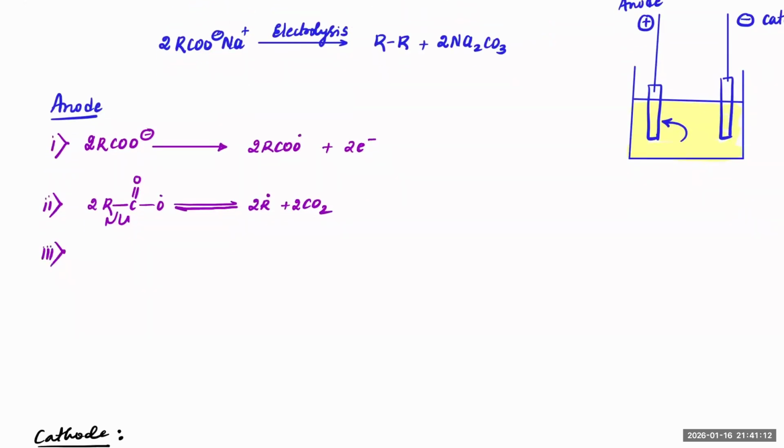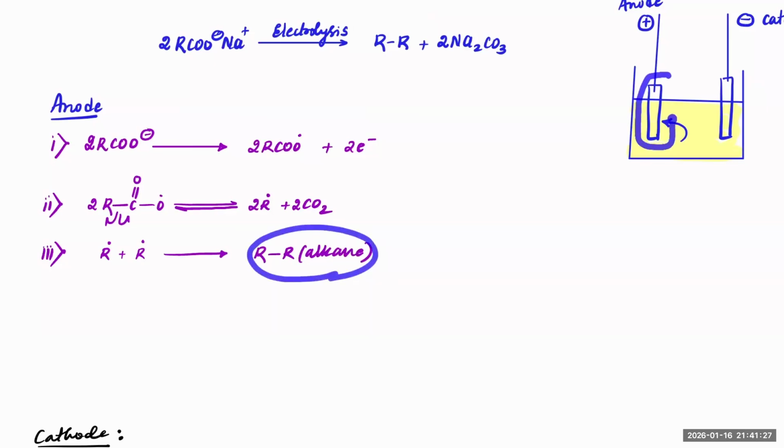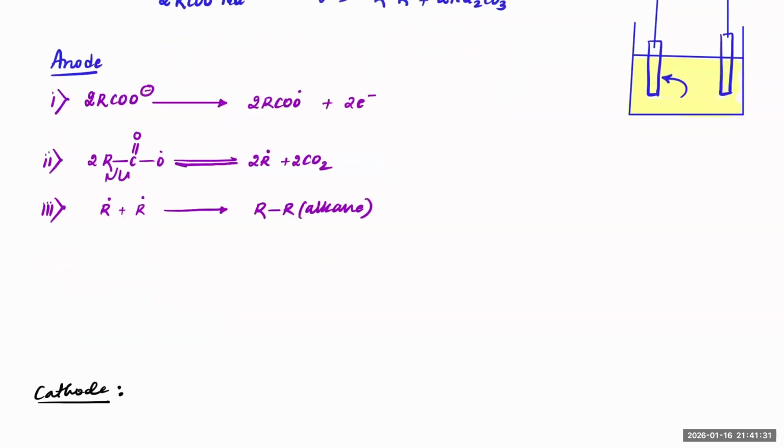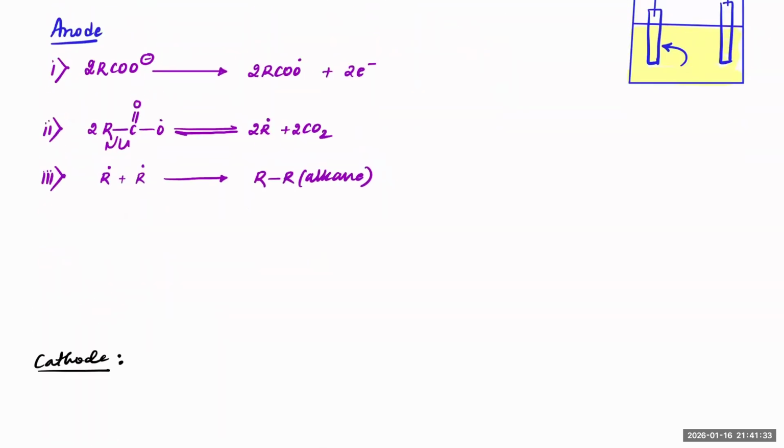And that brings you the third reaction, which is R dot plus R dot will combine to form R-R. And that's how you're getting an alkane, everybody. And remember, alkane is actually forming at the anode. So carbon dioxide is forming as well as alkane is forming here, correct?